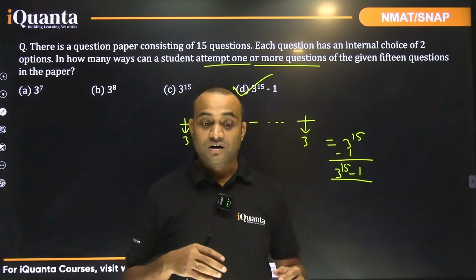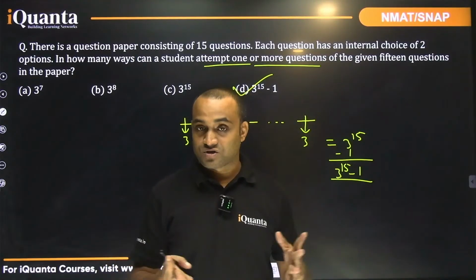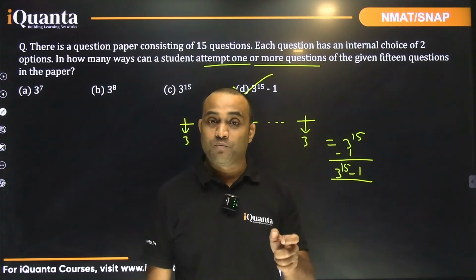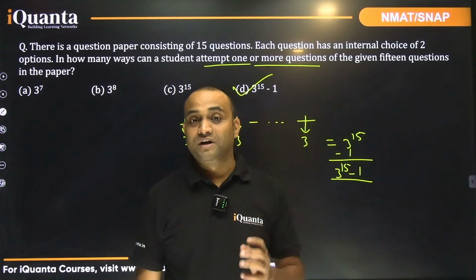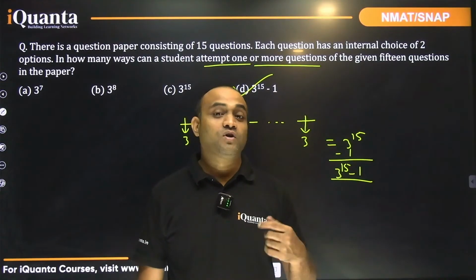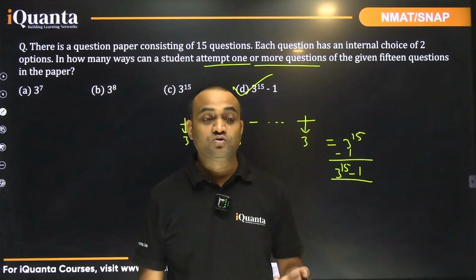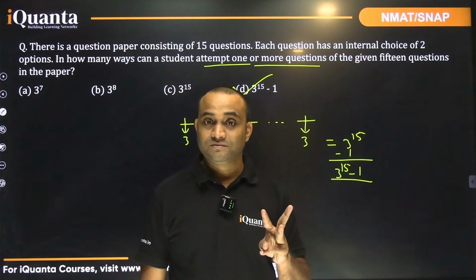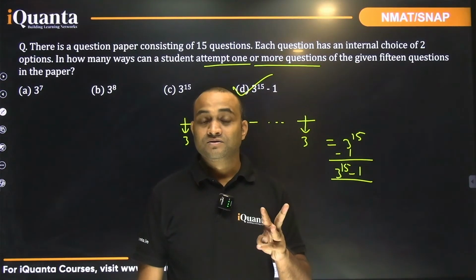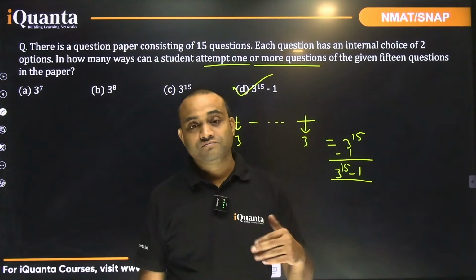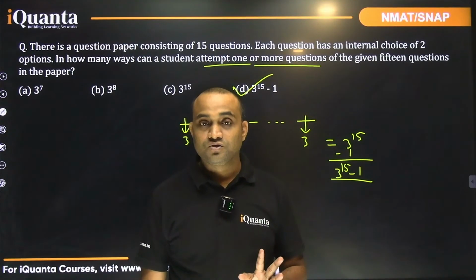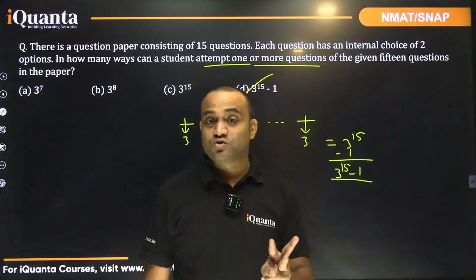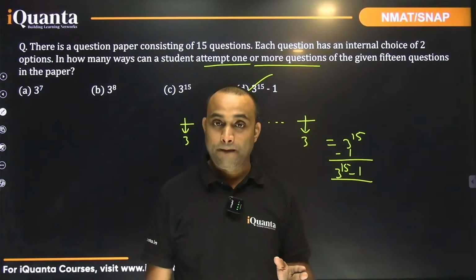So for every question there are 3 operations that can be done. You choose any one of the 2 options, or you choose not to mark any of the options. So option A, option B, or none of the options. You are not choosing to solve it. So there are three choices per question.